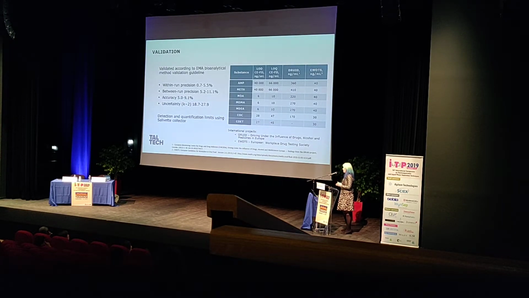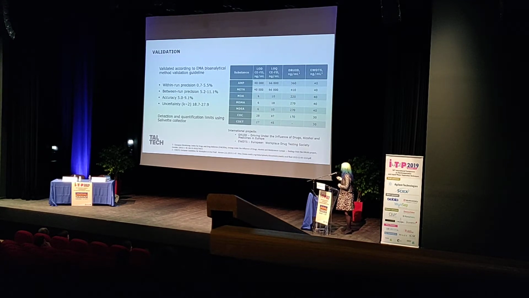The detection and quantification limits were also evaluated using the Salivette collector, and you can see that for amphetamines, the levels are way higher than for the other drugs, which is due to the excitation and emission wavelengths used.